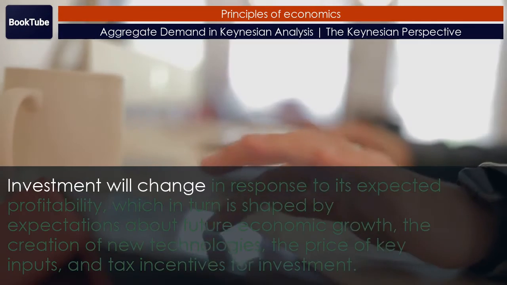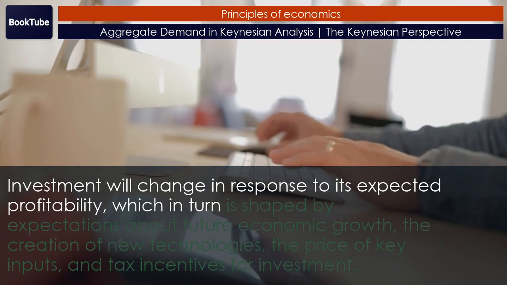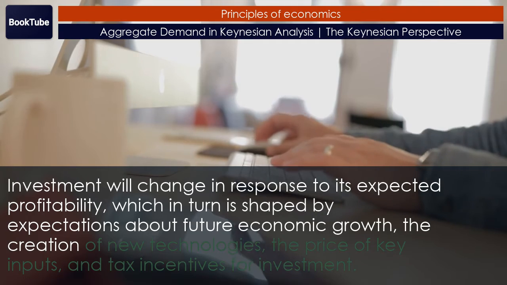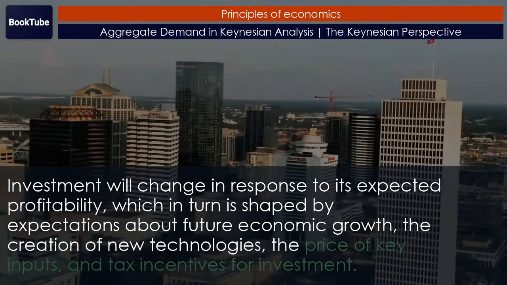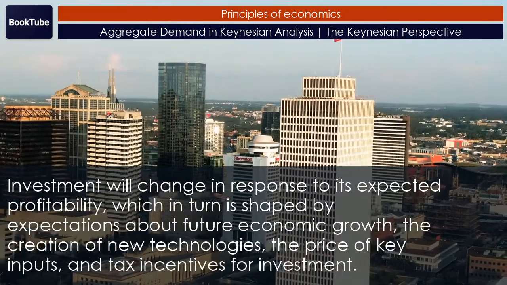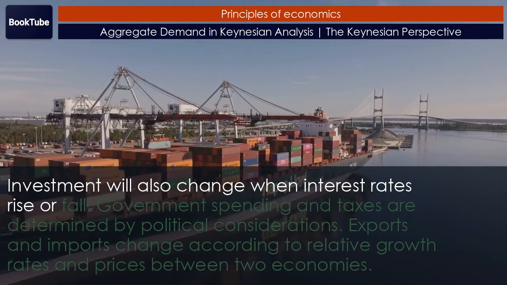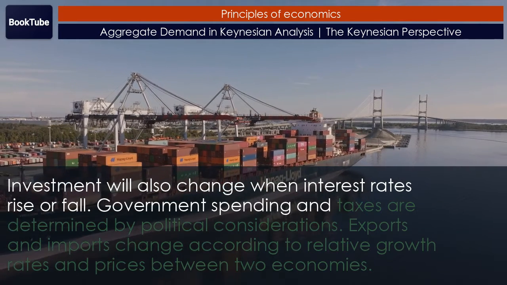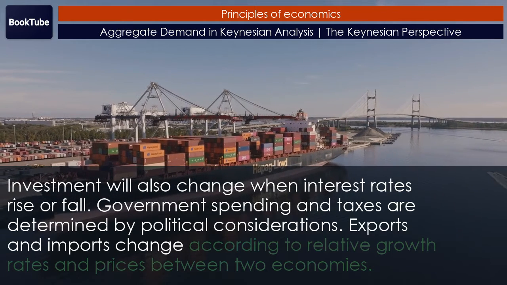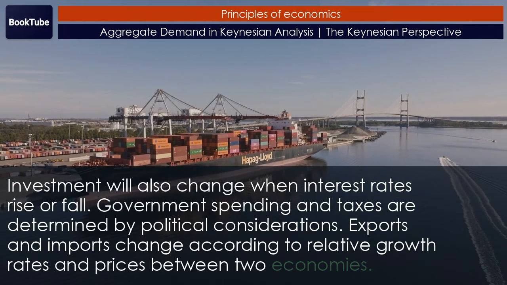Investment will change in response to its expected profitability, which in turn is shaped by expectations about future economic growth, the creation of new technologies, the price of key inputs, and tax incentives for investment. Investment will also change when interest rates rise or fall. Government spending and taxes are determined by political considerations. Exports and imports change according to relative growth rates and prices between two economies.